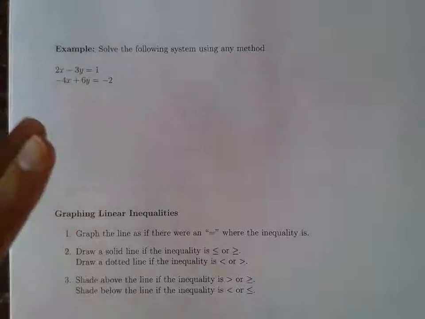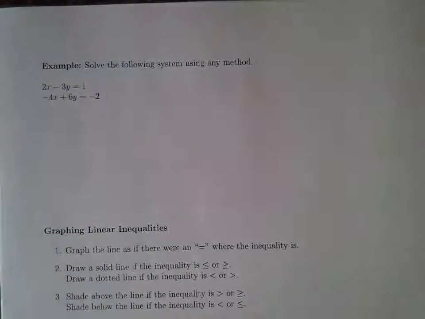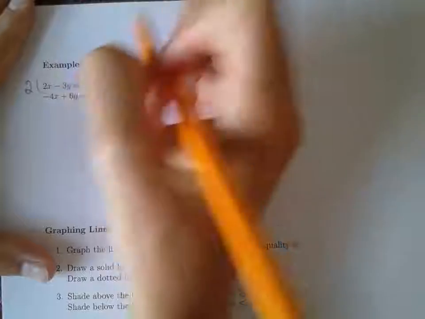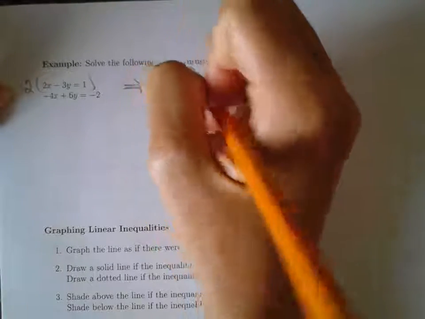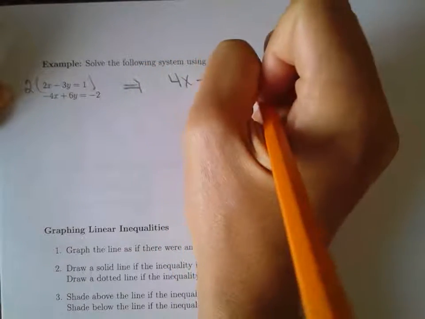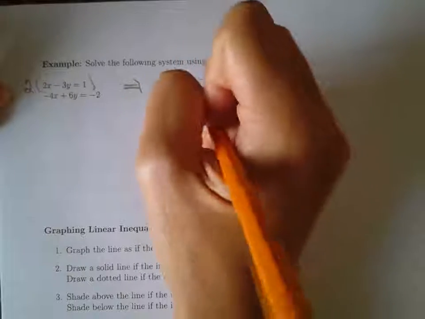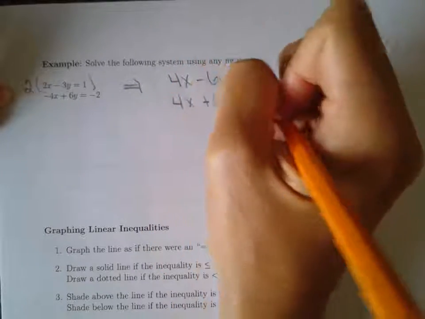Okay, page 26. Solve the system using any method. Again, I don't know why I didn't choose different x's here. So again, multiply by 2. This would be 4x minus 6y equals 2. This is negative 4x plus 6y equals negative 2.